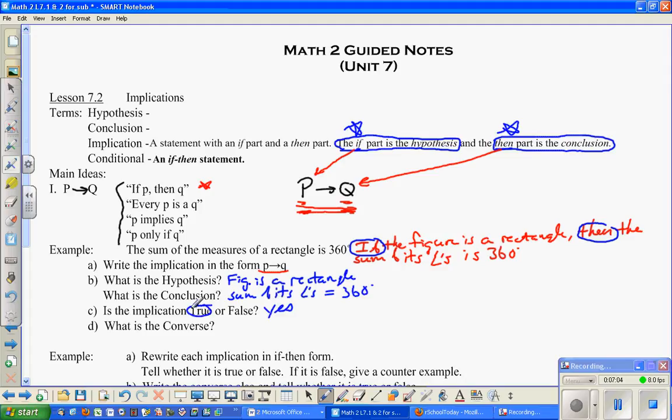What's the converse? Well, converse represents you taking the if part and the then part, in other words, the hypothesis and the conclusion, and switching them. So we basically would just reverse the order.